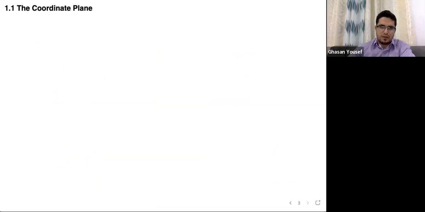The coordinate plane. So I'm going to give the meaning of the coordinate plane. Points in a plane can be identified with ordered pairs of numbers to form the coordinate plane. So let me give the definition here.